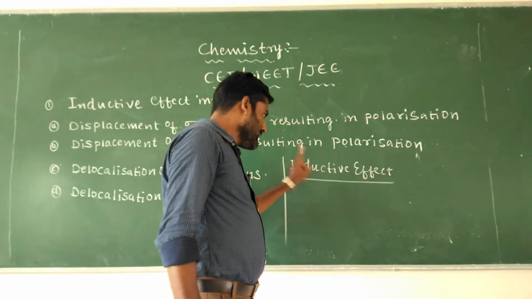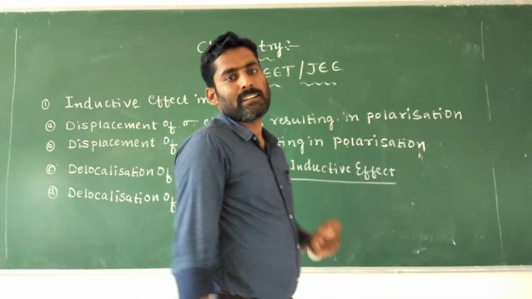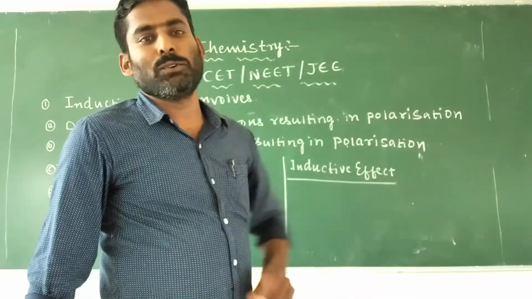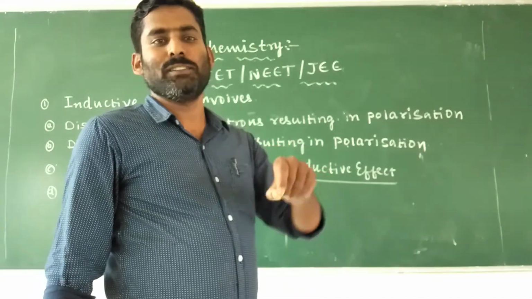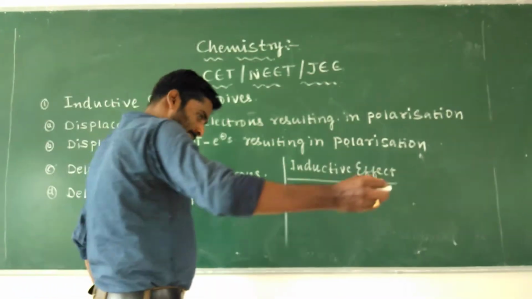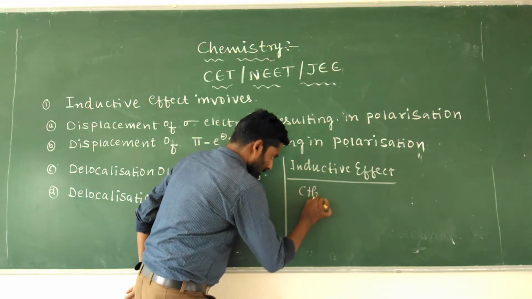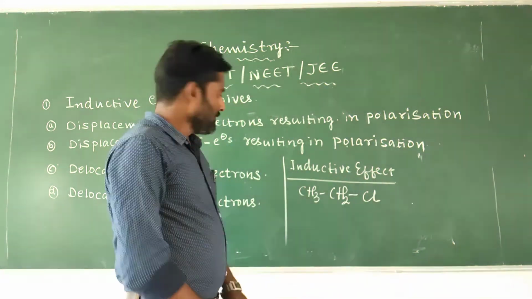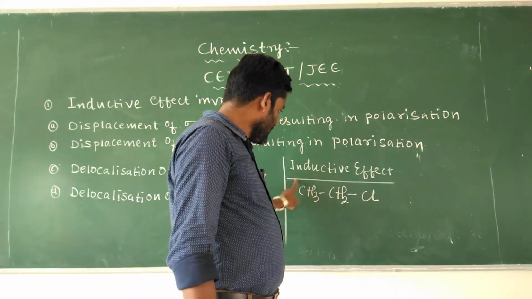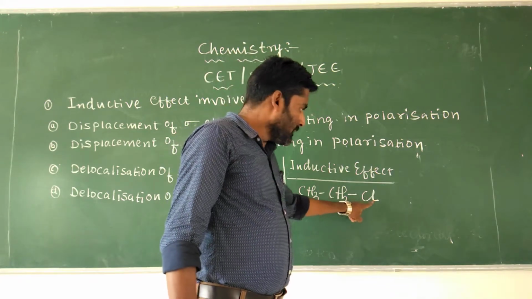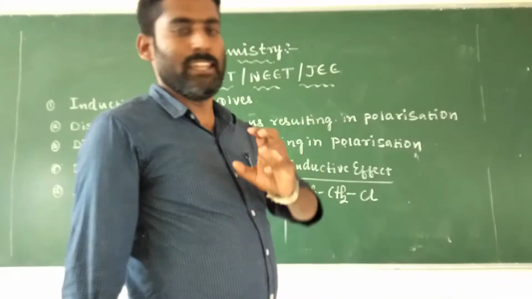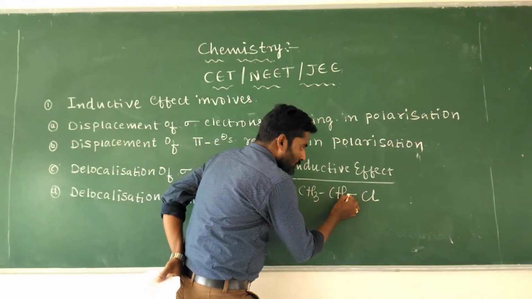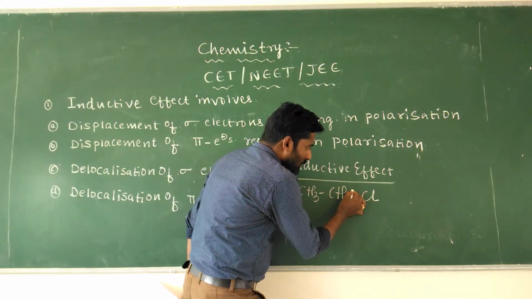Here it states that displacement of sigma electrons towards the most electronegative atom which is attached to the carbon chain. So let us take one example, CH3CH2Cl. Here CH3CH2 is the carbon chain to which the most electronegative atom chlorine is directly attached.